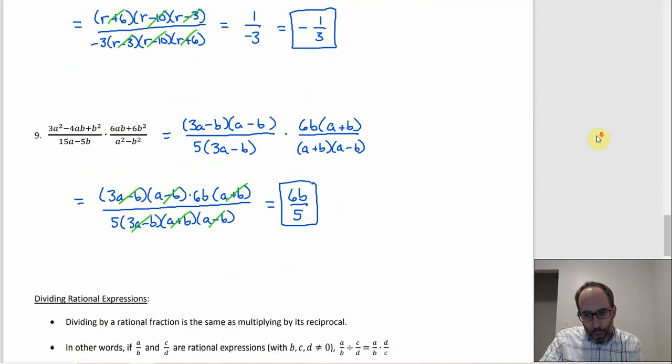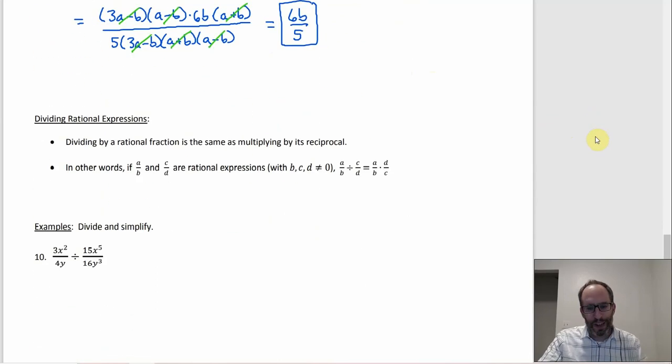Dividing has one little step that we haven't had yet, which is essentially, in that first point, multiplying by the reciprocal. So pretty much that's how you do it. And then it turns into multiplication. Just like when you divide by a fraction, you would multiply by the reciprocal, right?